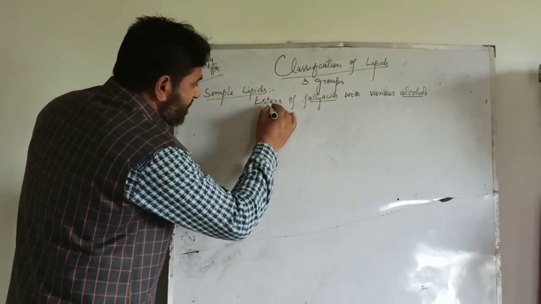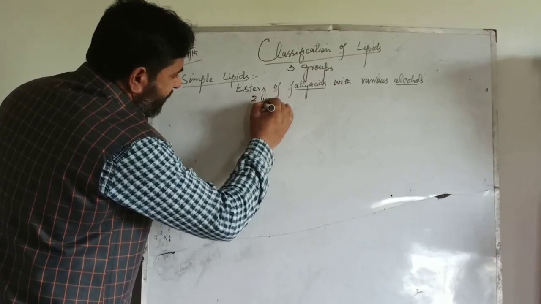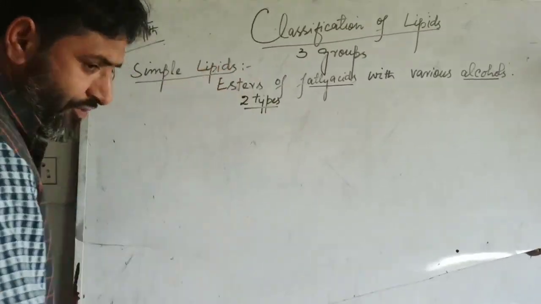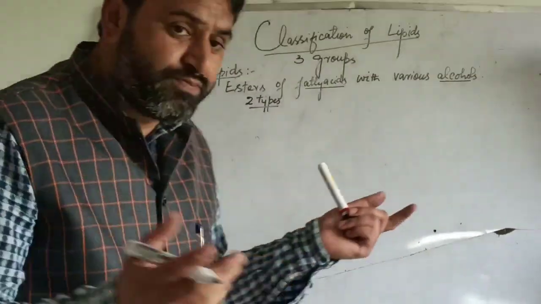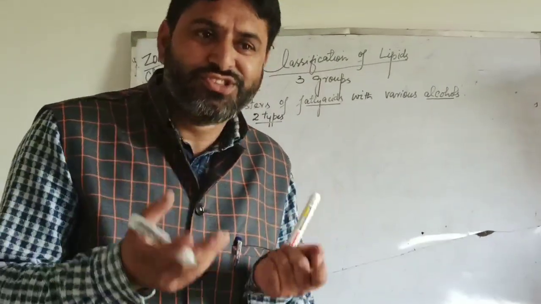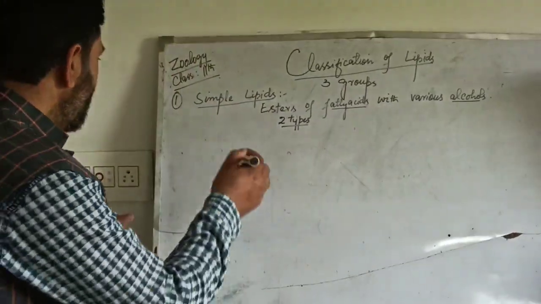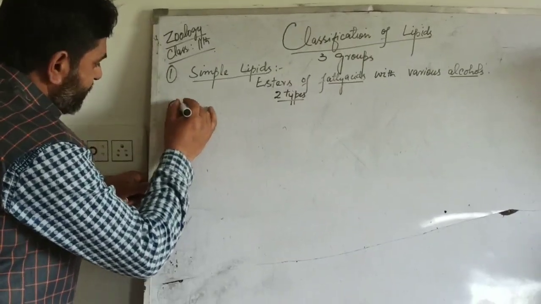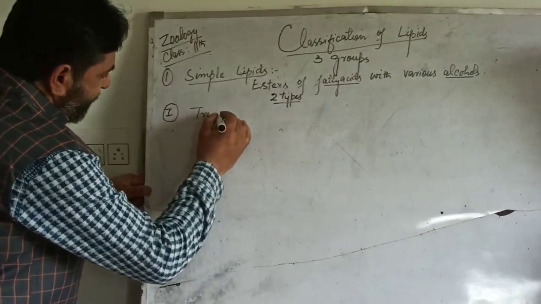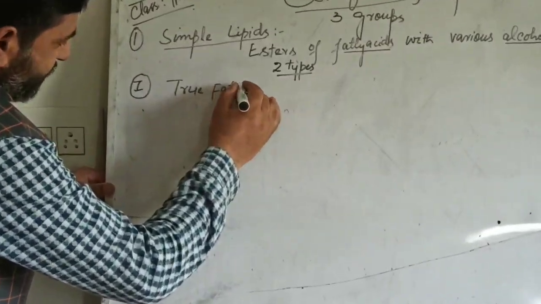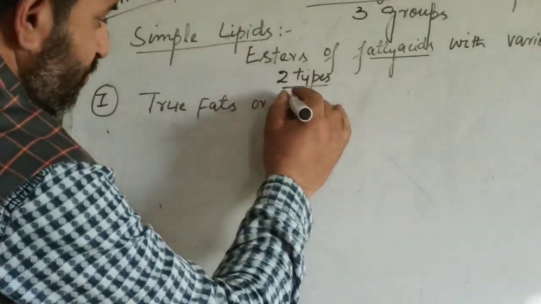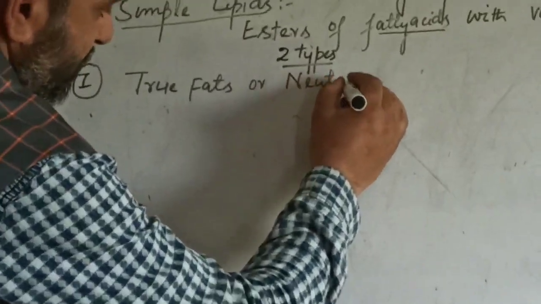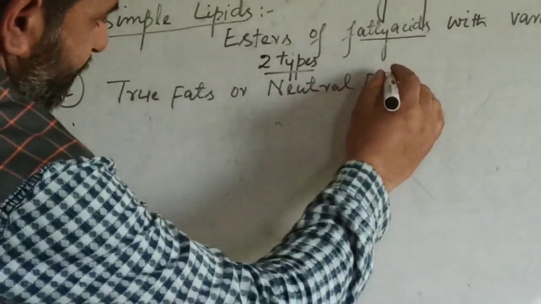These simple lipids are further of two types. One of them is true fats, which are also known as neutral fats.